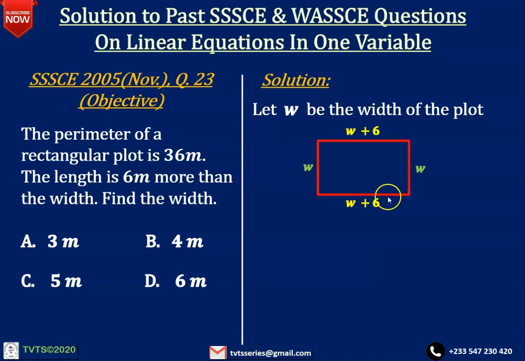The perimeter of a rectangle is simply the distance around it. This is made up of twice the length and twice the width.